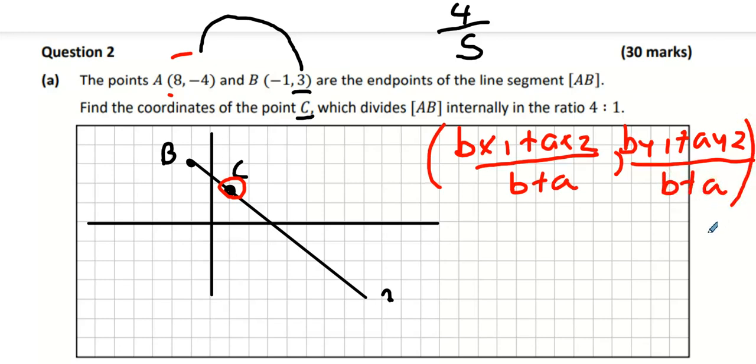Now first thing you're going to do is try and keep it in order. A is usually sorted alphabetically, so I'm going to do A is x1, y1 and B is x2, y2. And it says ratio A is to B, so we're going to do exactly as we read it.